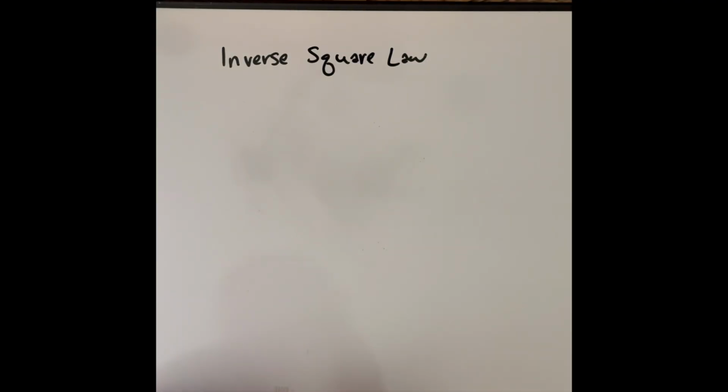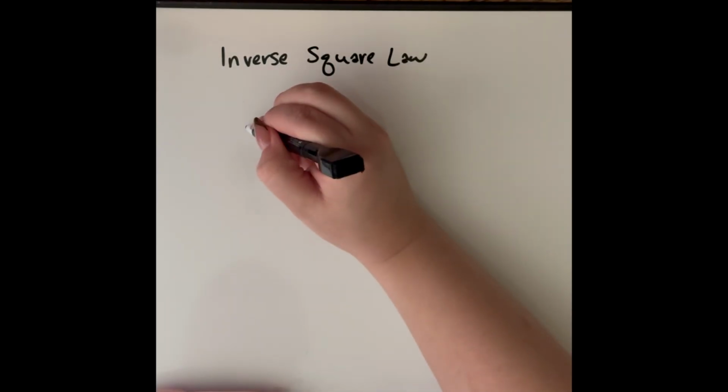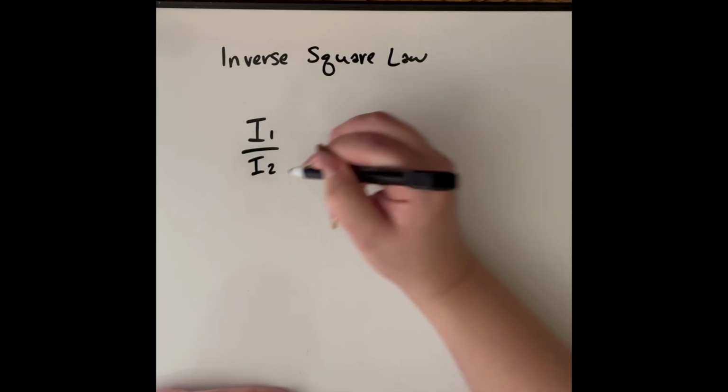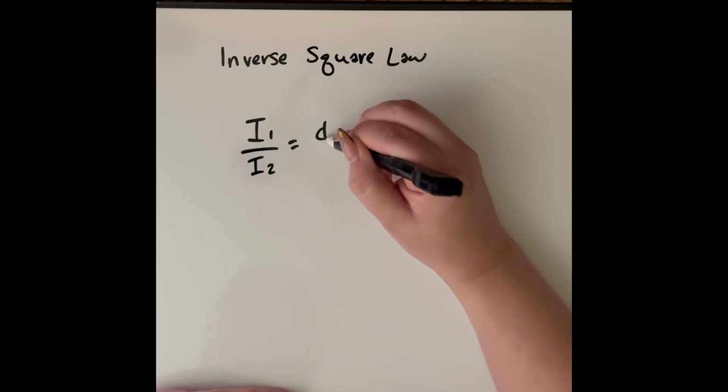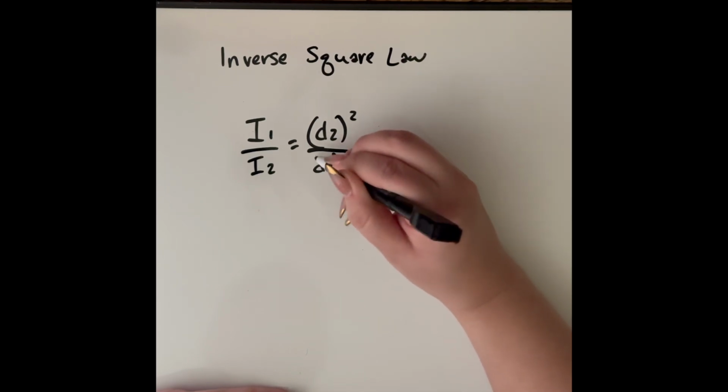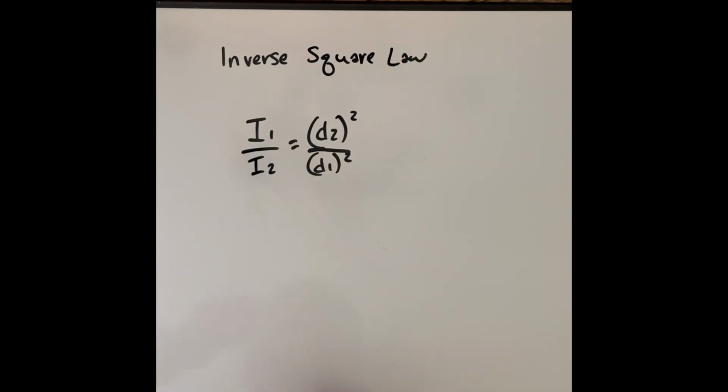Now, the most common formula for our inverse square law is I1 over I2 equals D2 over D1, that quantity squared. And these different letters mean different things.